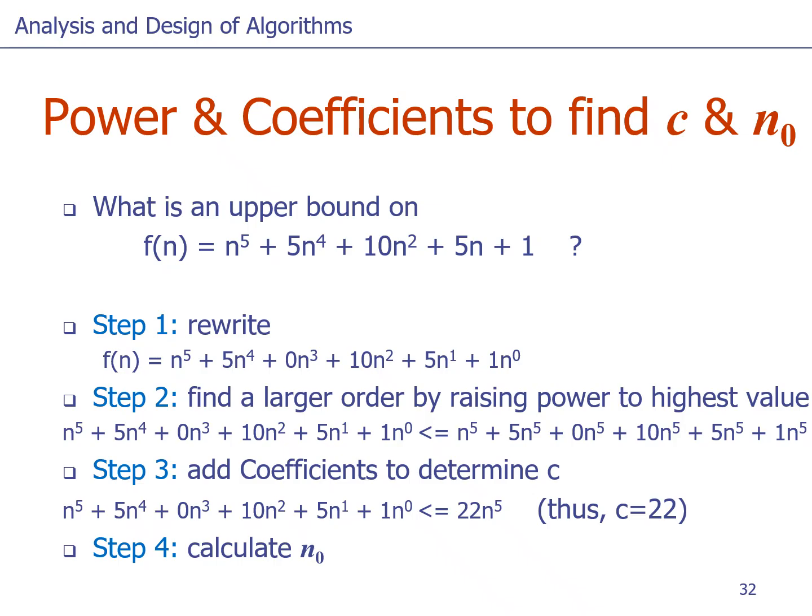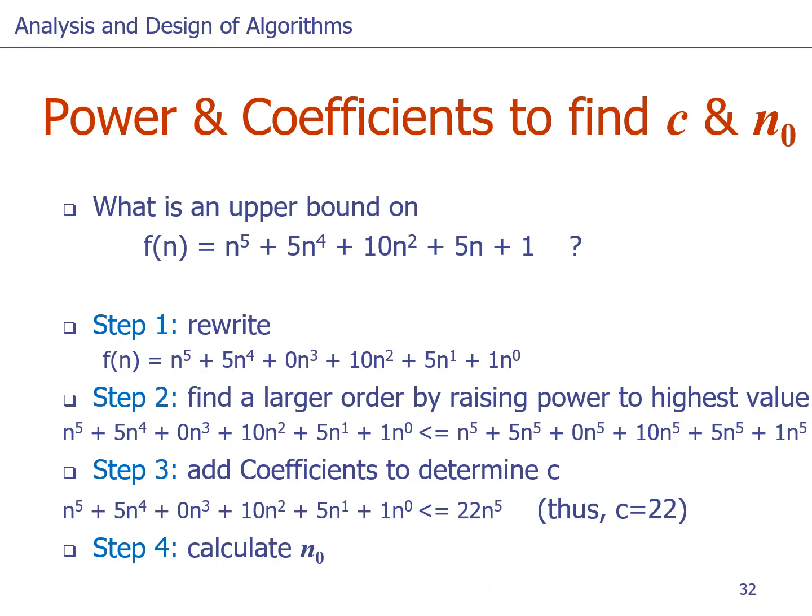So I will pick the highest power and use the same coefficients, the constants, but I will change the powers. So for sure, what's on the left hand side in step 2 is less than what's on the right hand side. This has to be less than or equal to n to the 5 plus 5n to the 5 plus 0n to the 5 plus 10n to the 5 plus 5n to the 5 plus 1n to the 5.